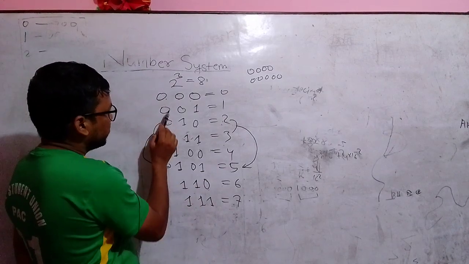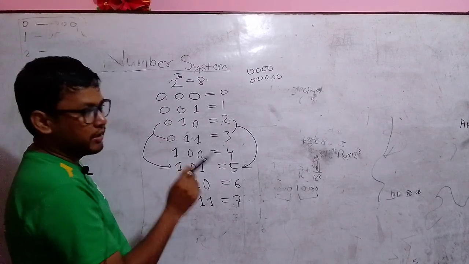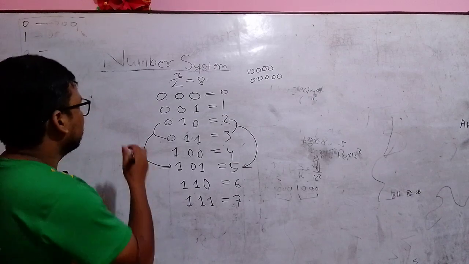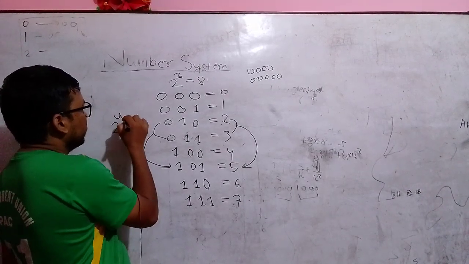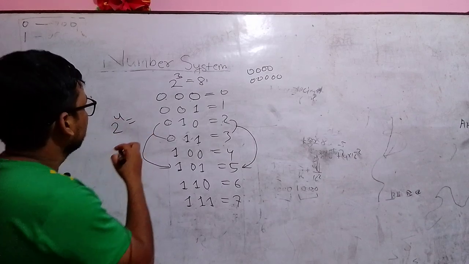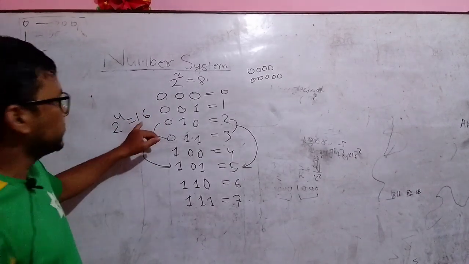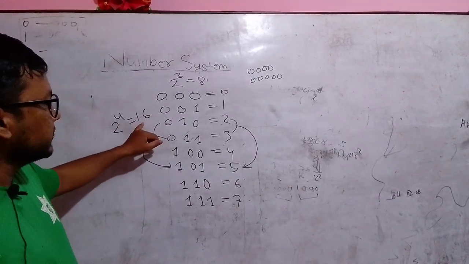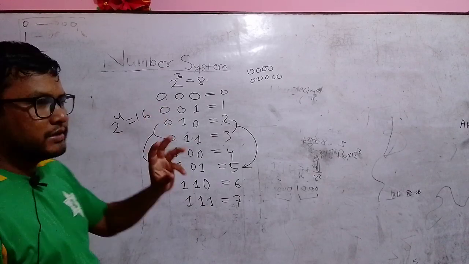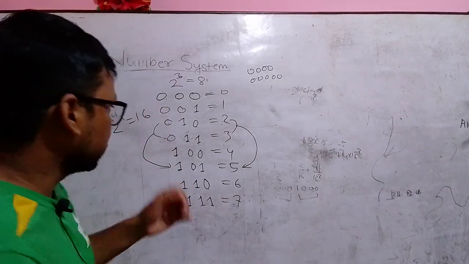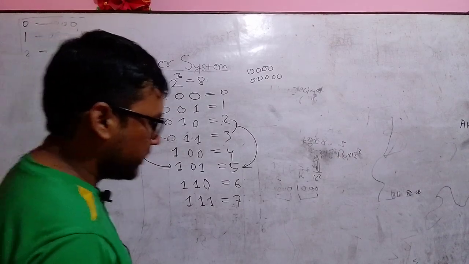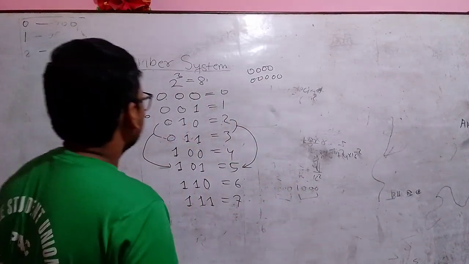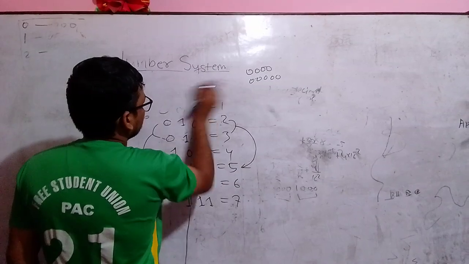That means 1 2 3 4 5 6 7 8. If we have a binary number made from 4 digits, then we can make 16 counts, or 16 unique combinations of binary digits. Now let's look at how to perform a binary addition.